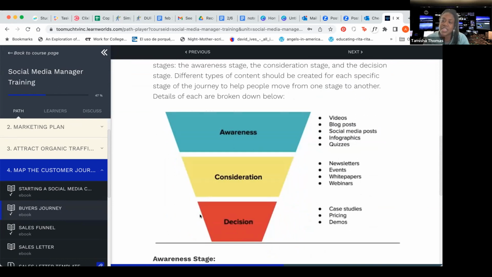So when you're looking at content creation, this is how you make people aware of you and how they come into you. Consideration: if they raise awareness, the first step will be what? Hey, sign on to our newsletter, right?